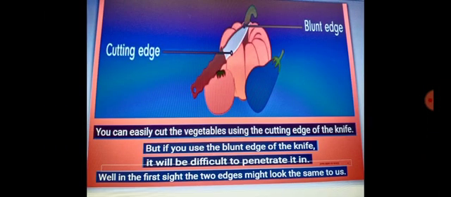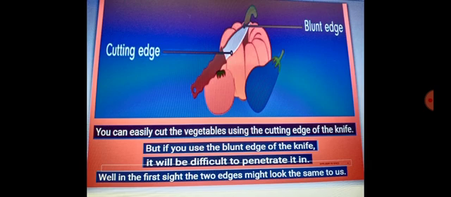Now you can see in this picture the cutting edge of the knife and the blunt edge of the knife. So we all know knives have both sides. One end is sharp, that is the cutting edge, and the other end is not sharp, so that is the blunt edge.